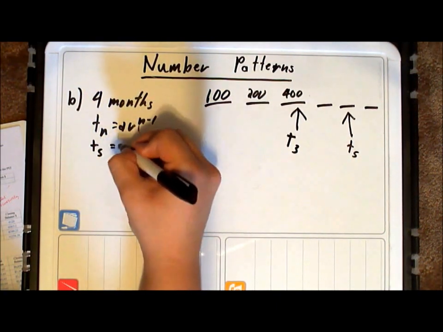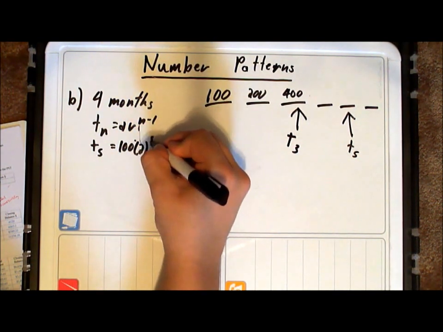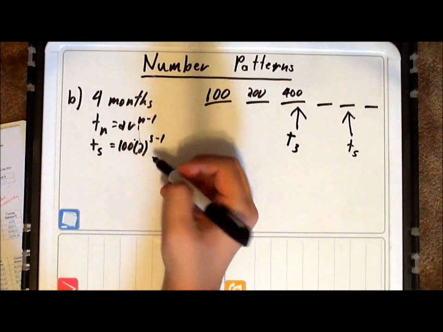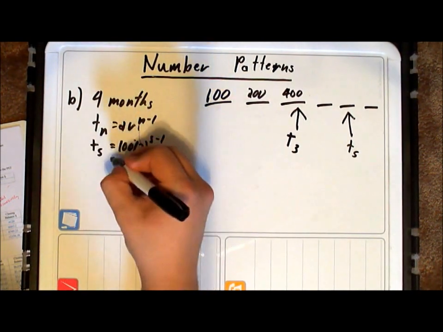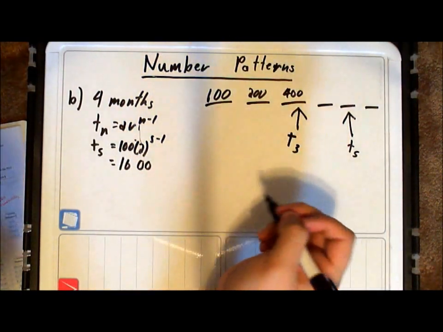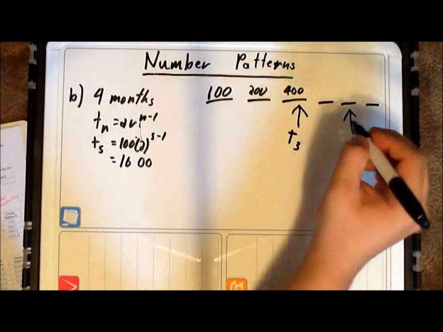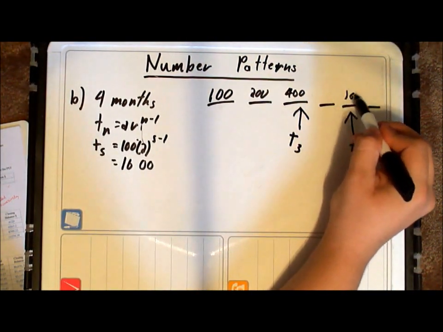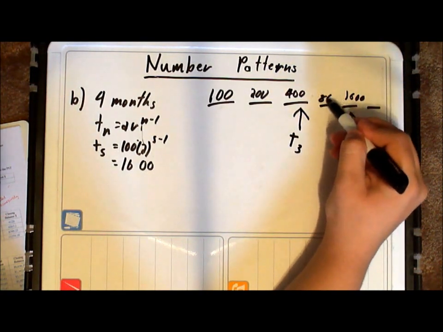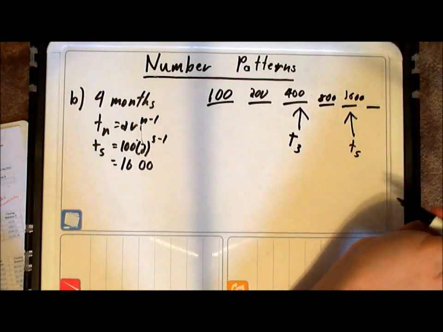T5 equals 100 times 2, doubles every month, to the 5 minus 1, which is 4. 2 to the 4 is 16, then 100 times 16 equals 1600. That makes sense: 400 doubled is 800, doubled again is 1600. Just very quick and easy.